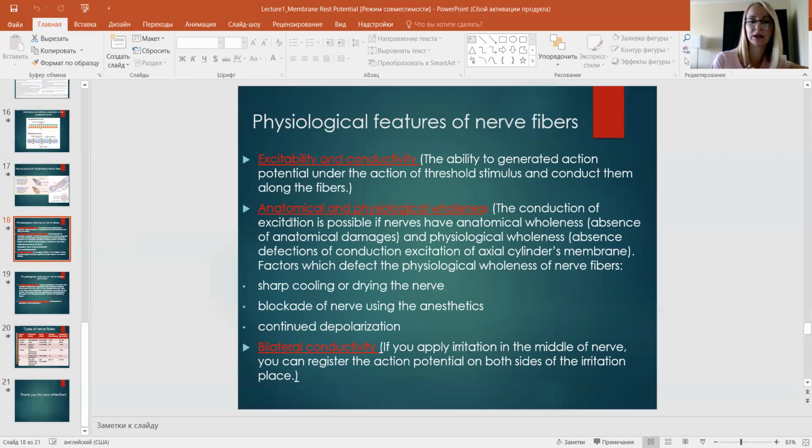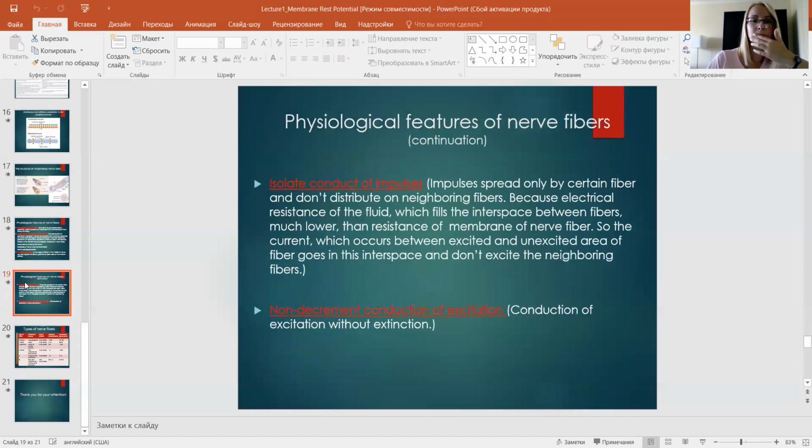Next one is bilateral conductivity. If you apply irritation in the middle of the nerve, you can register the action potential on both sides of the irritation place. It means that the action potential propagates in both directions, not only in one direction. The next one is isolated conduction of impulses.